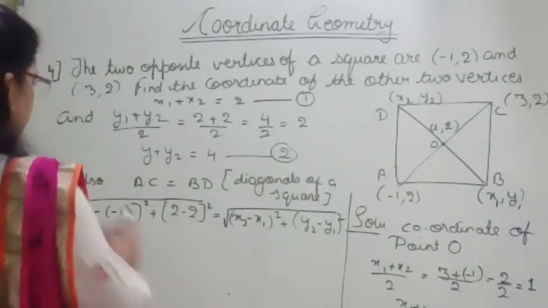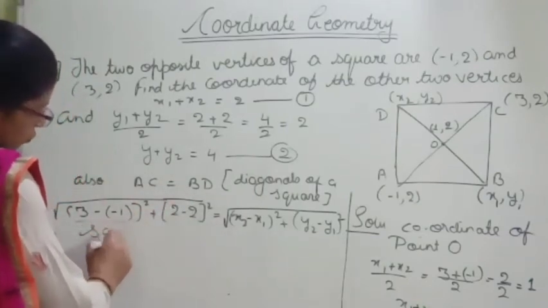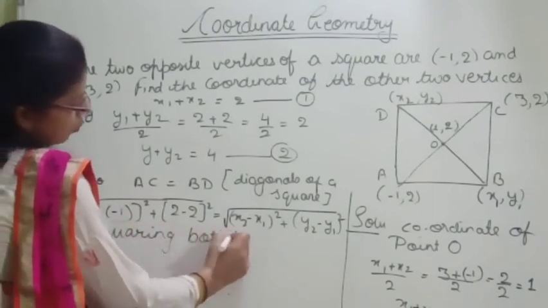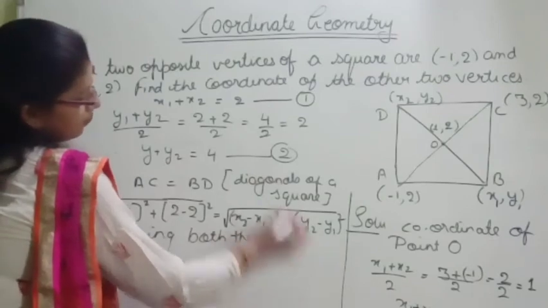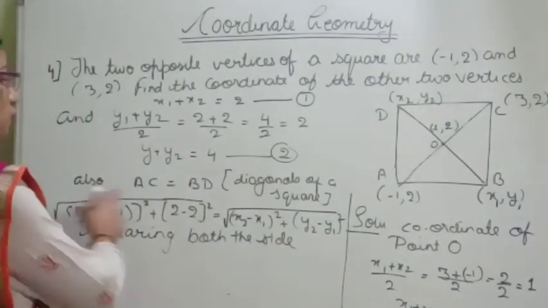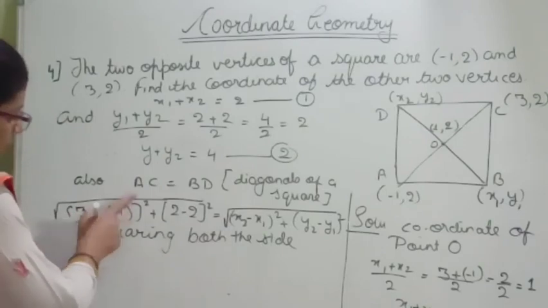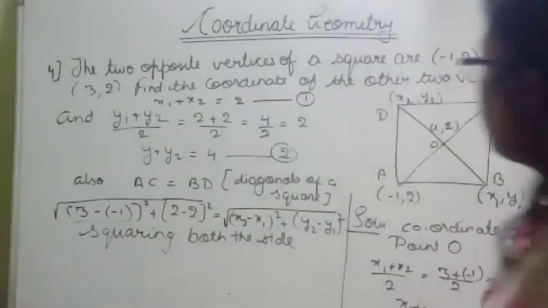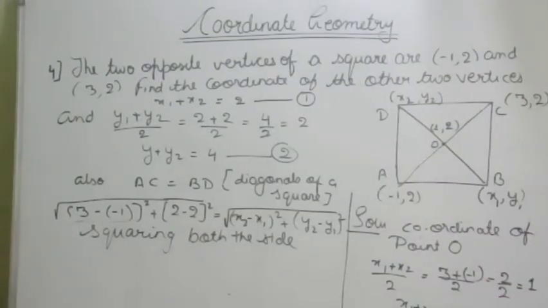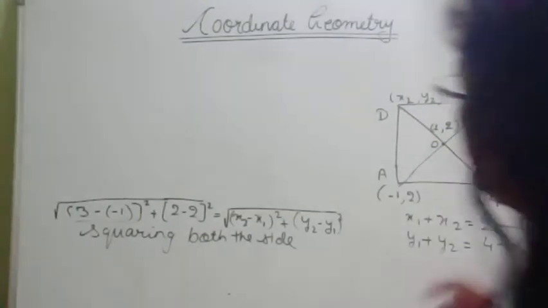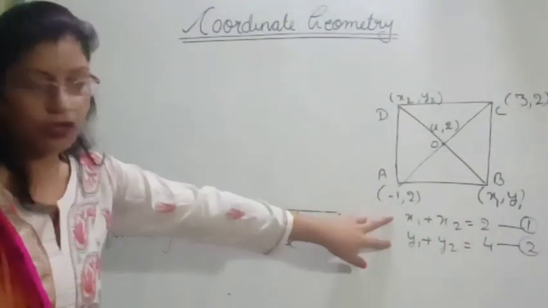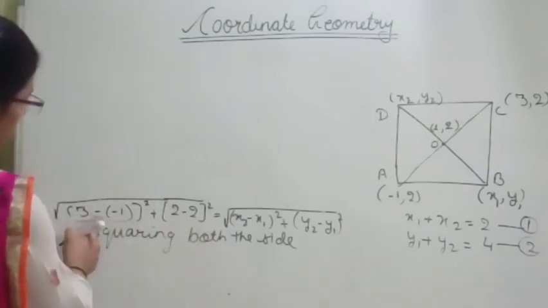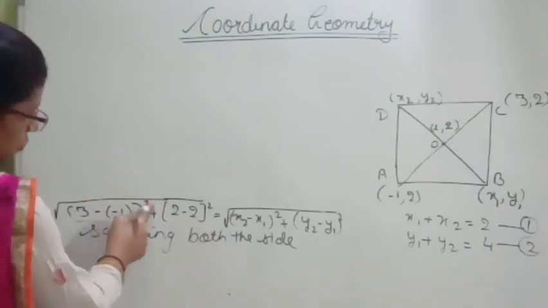Now what can we do? Squaring both sides, the square root will cancel out. So we are solving 3 plus 1, which is 4, and 4 squared is 16.